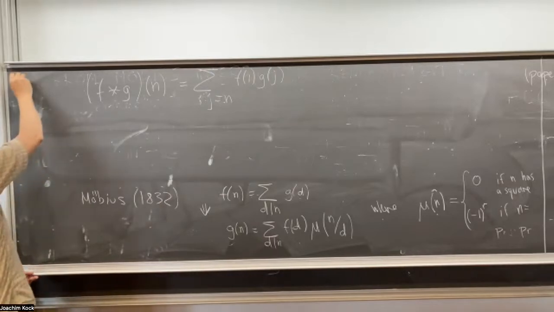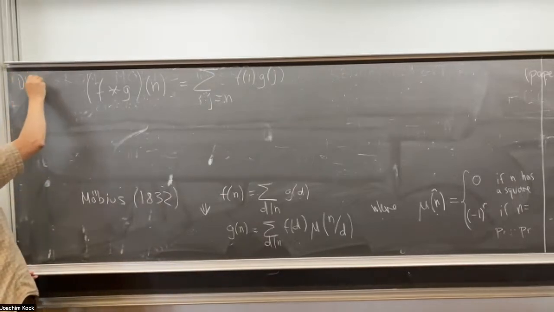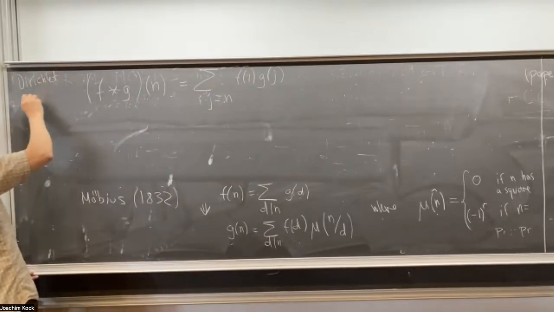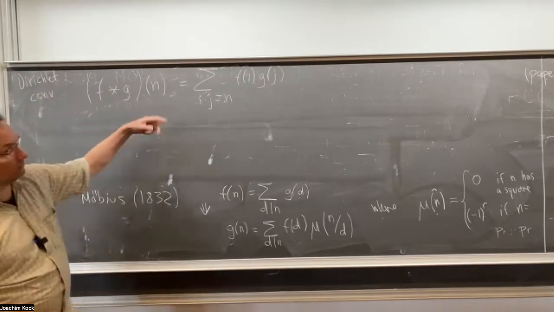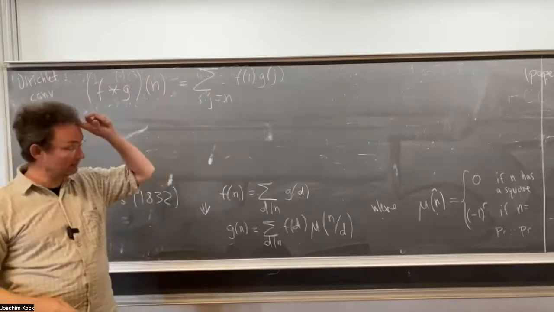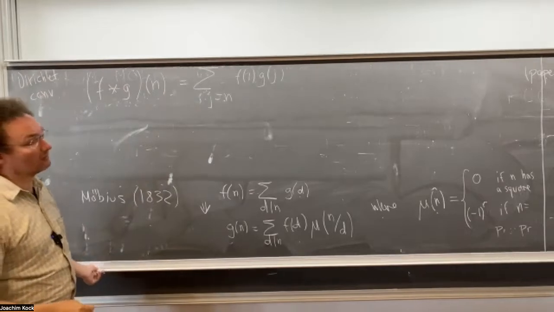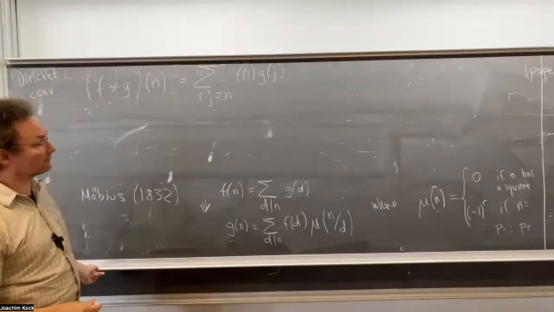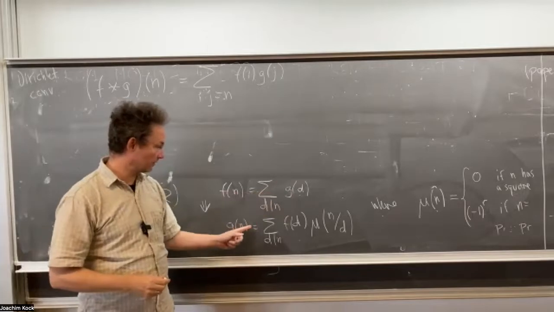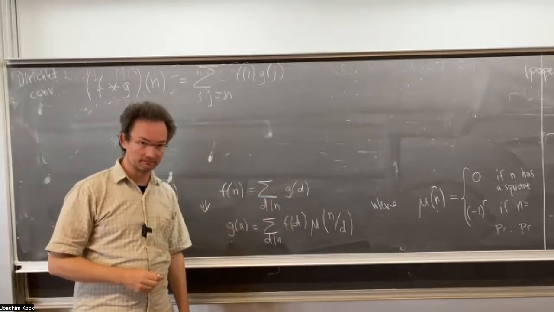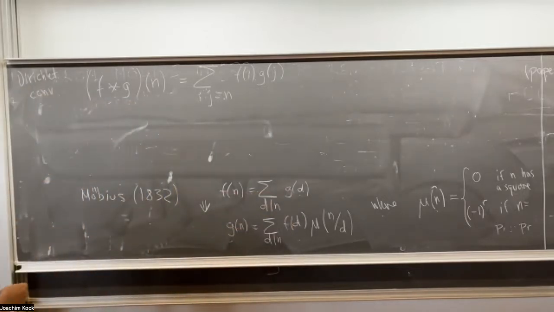This is Dirichlet convolution. It corresponds to pointwise product of the Dirichlet series.